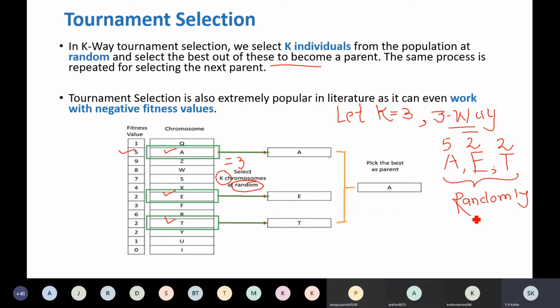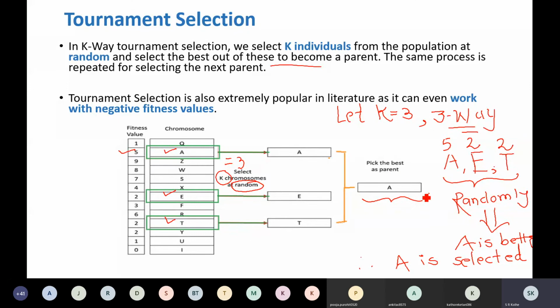A. A is right, A is better. So therefore A is selected. Here we have written, pick up the best as parent. So A is selected.